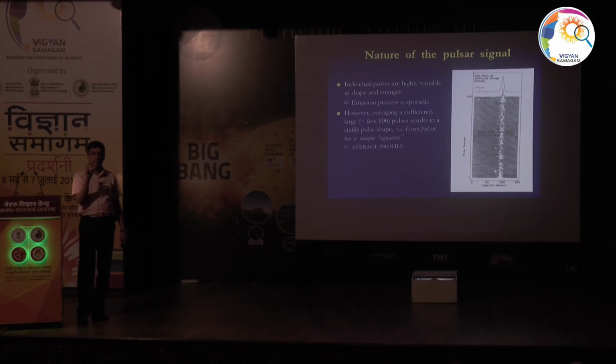So for example, as the Earth is going around the Sun, supposing Earth is going around like this and there is a pulsar in that direction, then when the Earth is going like this, it is going towards the pulsar. When the Earth is over here, it is going perpendicular to the pulsar. When the Earth is over here, it is going away from the pulsar.